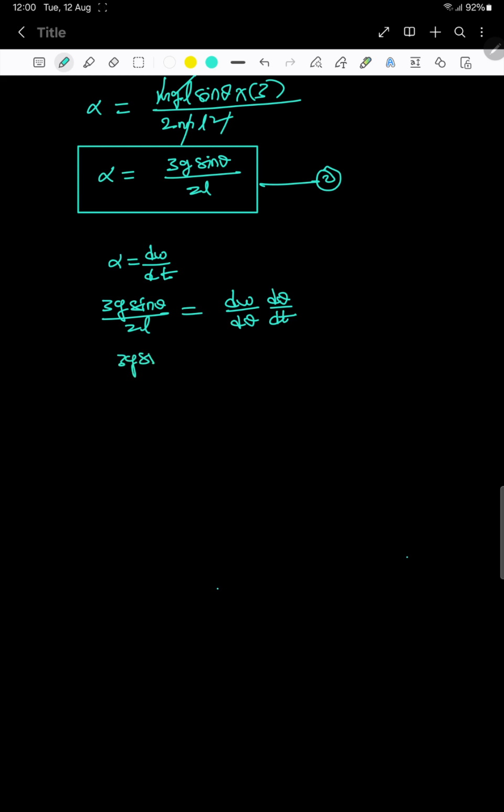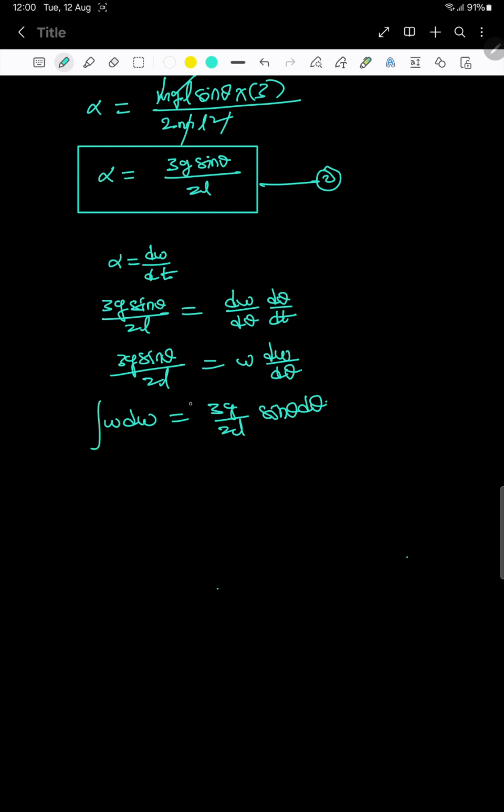So 3g sine theta upon 2L is equal to omega d omega by d theta. From this, omega d omega is equal to 3g by 2L into sine theta d theta.